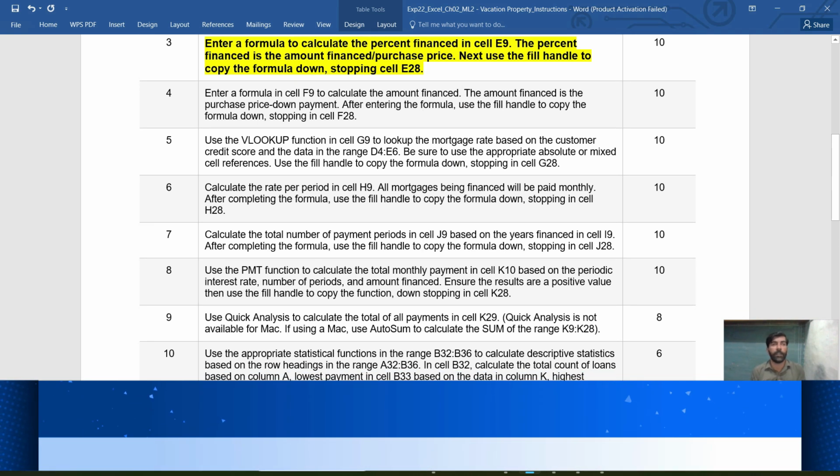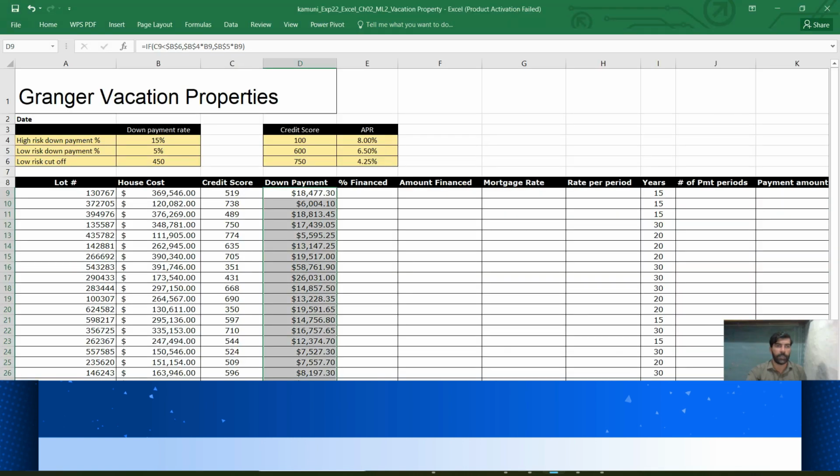Respected student, here we have to find the percent financed, and its formula is given here: amount financed divided by purchase price, and we use the fill handle to copy the formula down to the stopping cell E28. We apply it in E9.